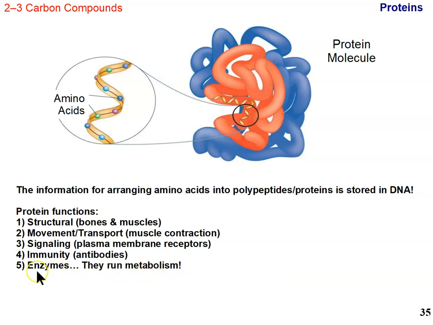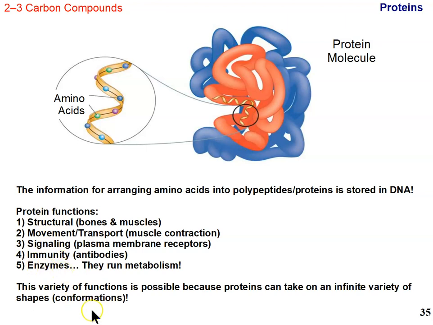So it takes hydrogen peroxide, which is a toxin, and breaks it down into water and oxygen. And it's found pretty much in every tissue in your whole body, because your metabolism makes hydrogen peroxide, and that hydrogen peroxide needs to be broken down so it doesn't poison your system, basically, because it is toxic. So those are the general functions of proteins, enzymes being a very important one.